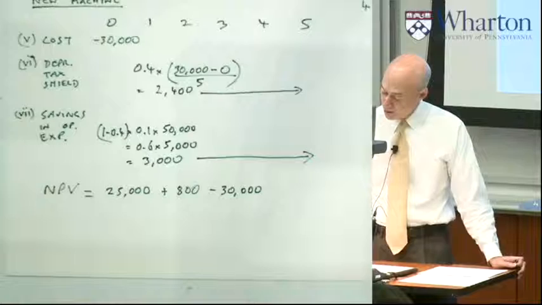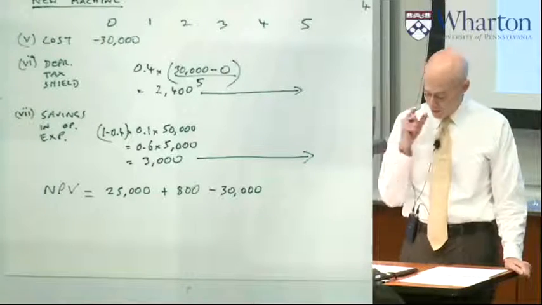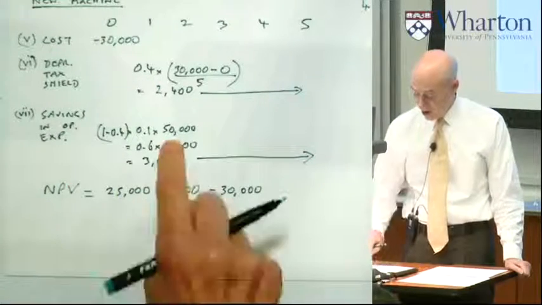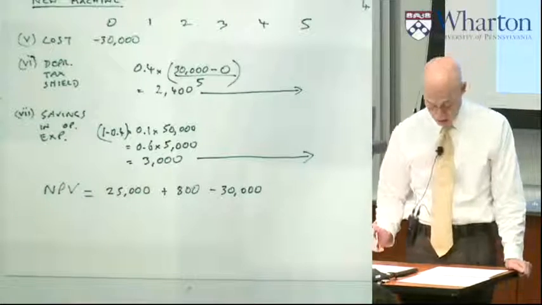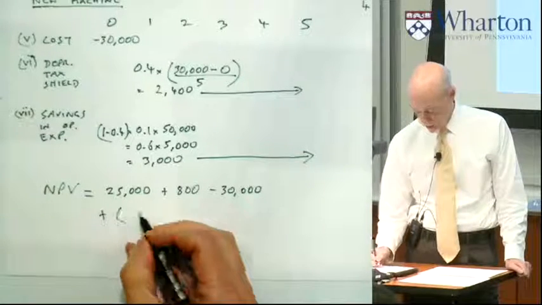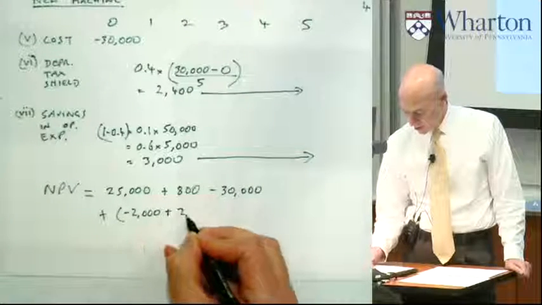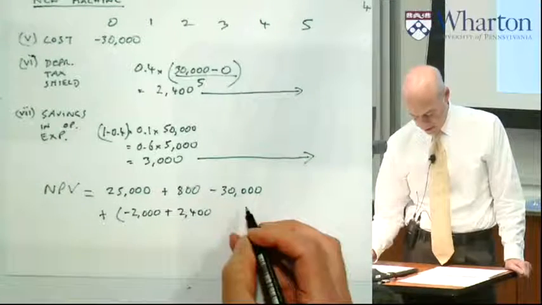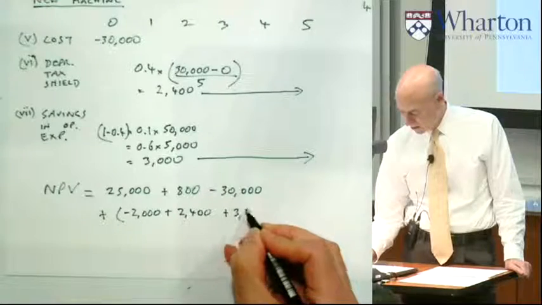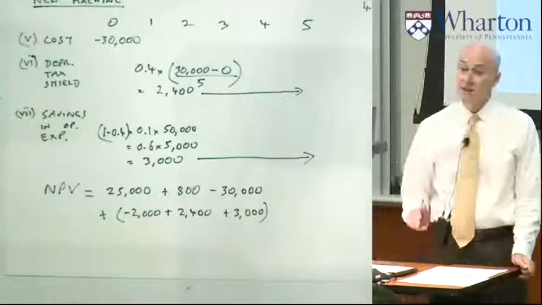Then we lose the depreciation tax shield on the old, we gain it on the new, and we have the savings in operating expenses. So we have minus 2,000 plus 2,400 plus 3,000. We get that each year for 5 years.